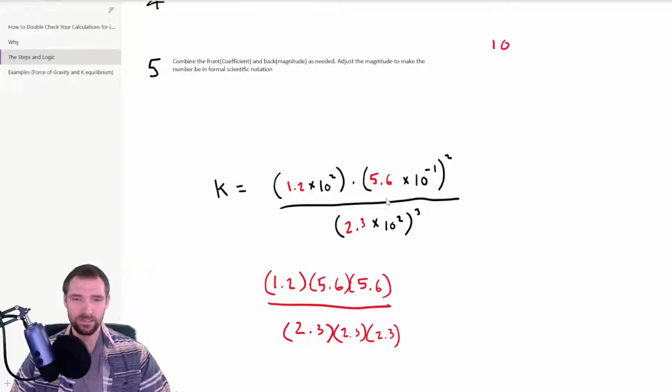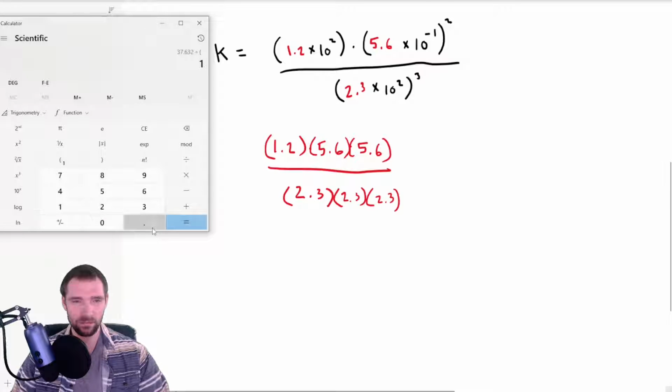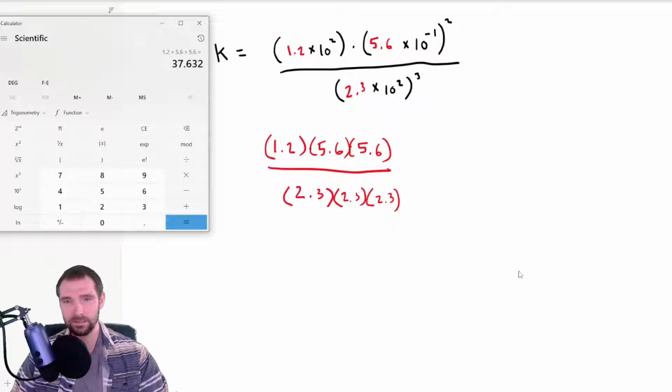Just doing this and combining these numbers, your final answer is going to look kind of like that. So if you had 1.2 times 5.6 times 5.6. Oh, actually, hold on. Something weird's going on with the previous line. 1.2 times 5.6 times 5.6, and that's going to be on the top.